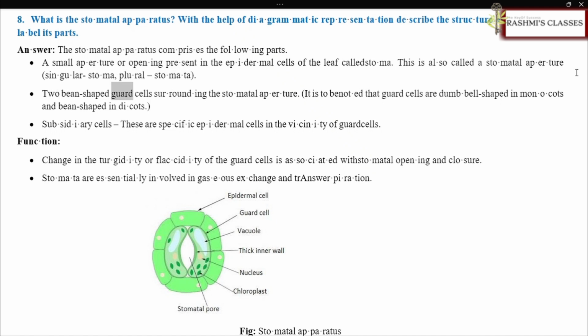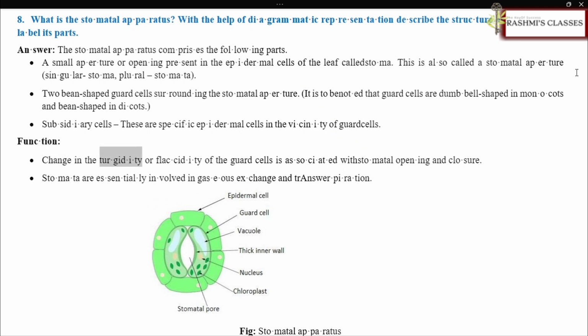Two bean-shaped guard cells surrounding the stomatal aperture. It is to be noted that guard cells are dumbbell-shaped in monocots and bean-shaped in dicots. Subsidiary cells, these are specific epidermal cells in the vicinity of guard cells. Function.